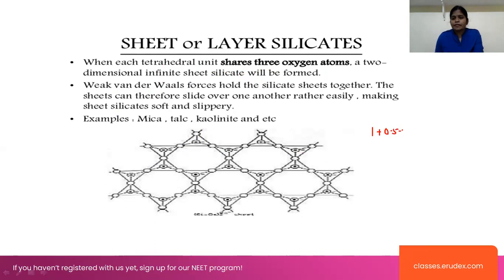That means 0.5 plus 0.5 plus 0.5, and it is formed in sheets or layers. This is the sheet form, or layer structure. In this case of layer structure, the formula will be Si with oxygen 5/2, power minus 1 here. So the formula is Si2O5, with charge minus 2n, for n units. This is the formula for the sheet silicates.